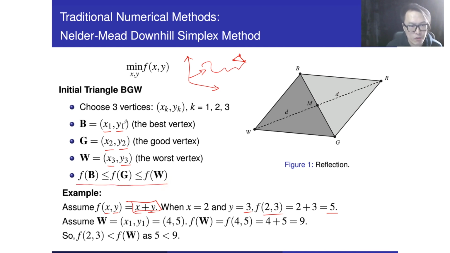The best vertex is the one whose cost is the smallest among these 3 points, because we are doing minimization, so we call this the best vertex, b. The worst one, the one that gives you the largest cost, we are going to assign to be w. And then the middle one, that is g.